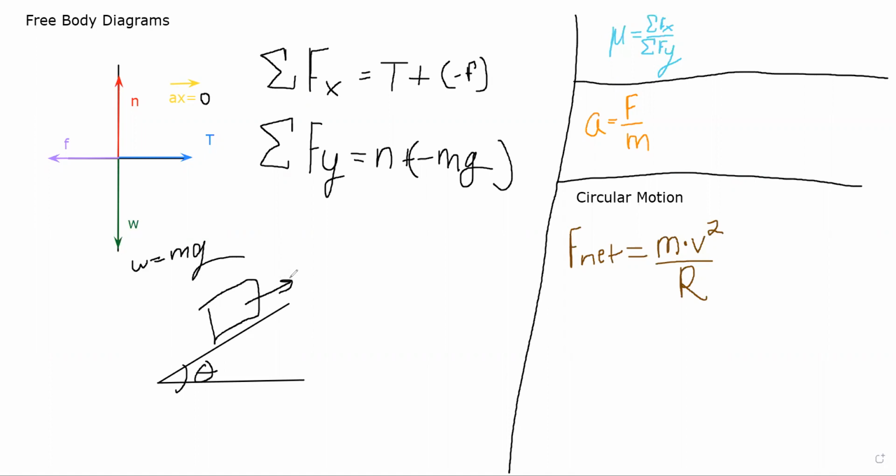Let's say it's a string. This is your tension, your normal force, and your weight will go down like this, and you might end up having to solve using components of vectors to find out what your W is, so that you can find out the downward force being placed on the object.